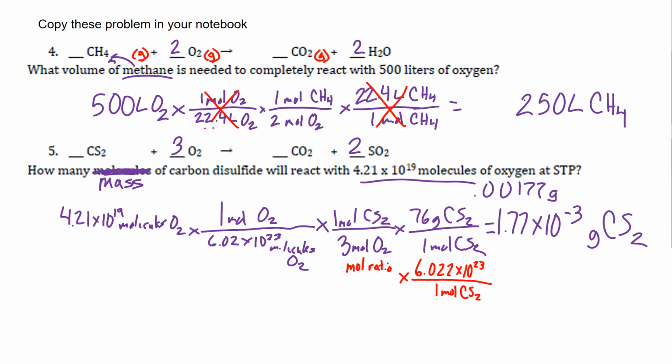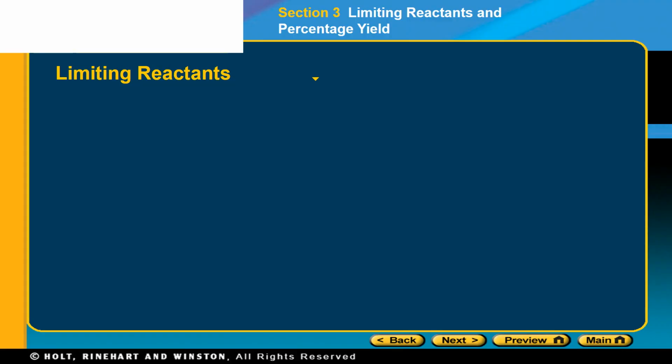So if you just need to check your answer for molecules, it should have been 1.40 times 10 to the 19. All right. So I get 1.40 times 10 to the 19 molecules. All right. Questions on that? If not, let's go ahead, jump back into the notes.